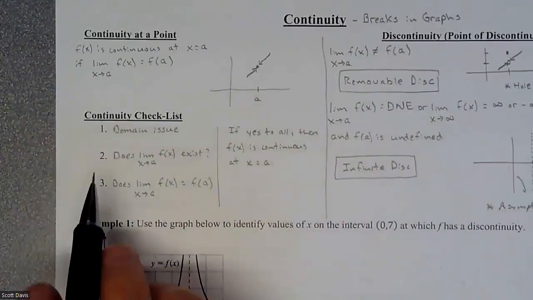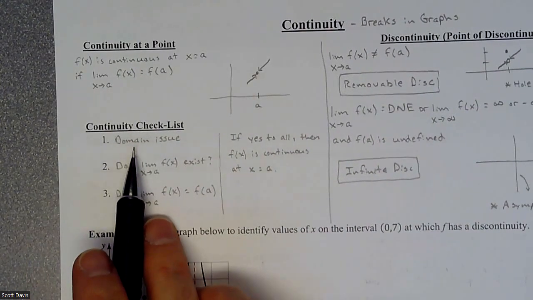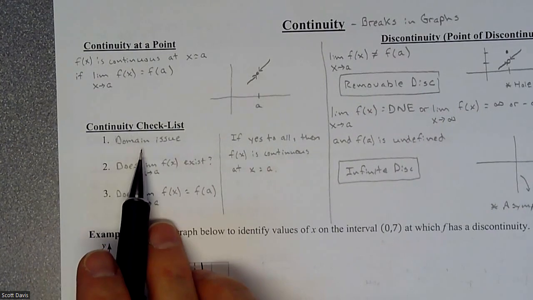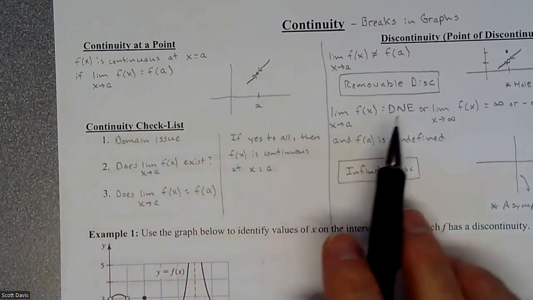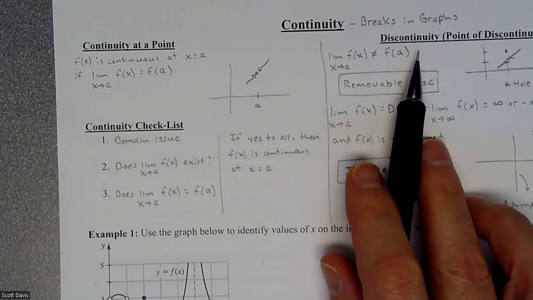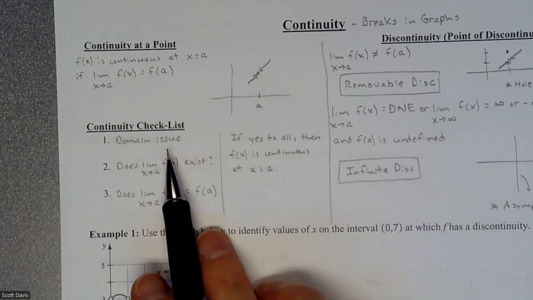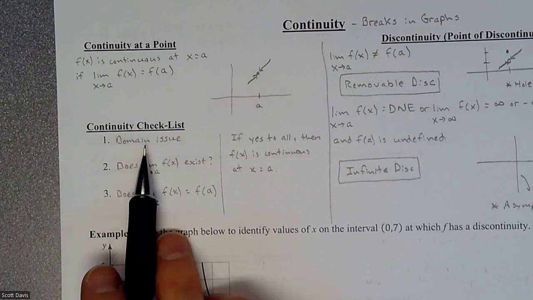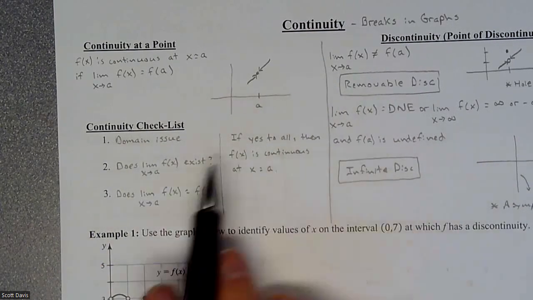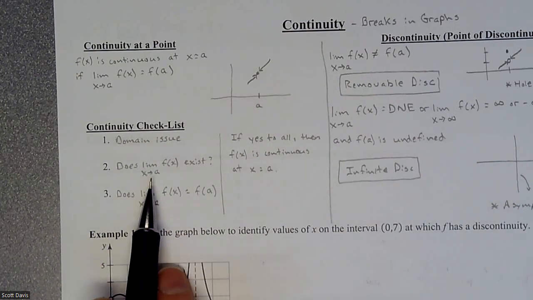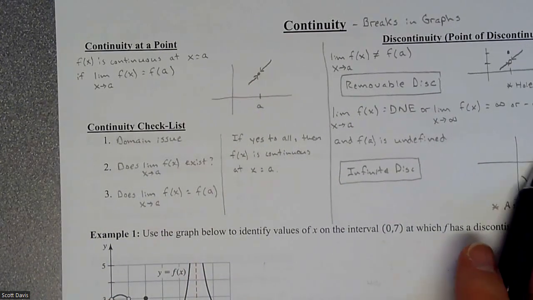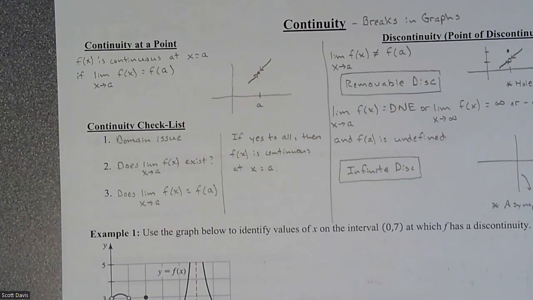As you're going through this, looking for continuity, first ask: is the value they're looking for a domain issue? If it's a domain issue, then you definitely have a break in the graph. Whether it's a hole or an asymptote or something else is to be determined. Then, does the limit exist? If the limit doesn't exist, you also have a problem.